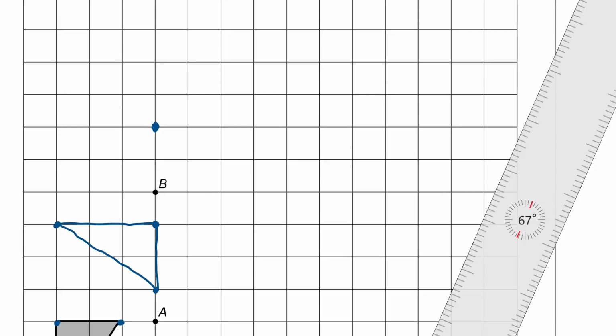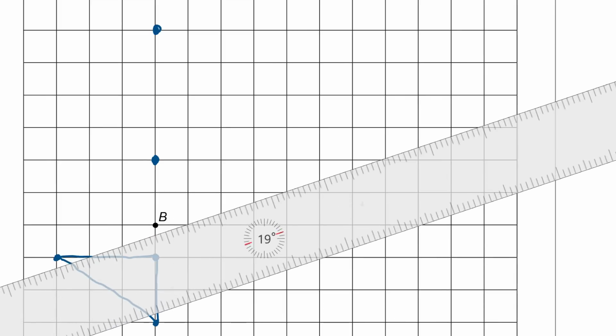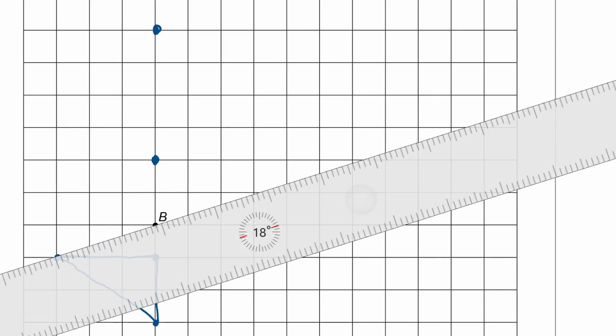The second point is 3 units away to start off with from the center of enlargement, so its image is going to be 3 times 2, which is 6 units above, so 1, 2, 3, 4, 5, 6 is going to be there. Finally, this last point is 1 unit below and 3 along from the center, so multiplying that by a factor of 2 and it appearing on the opposite side, it's going to be 2 above and 6 along.